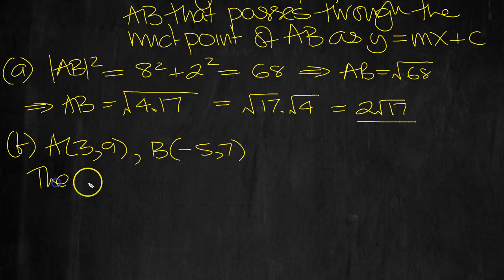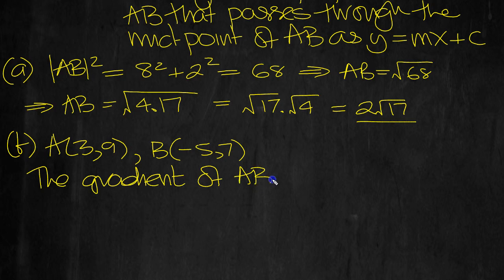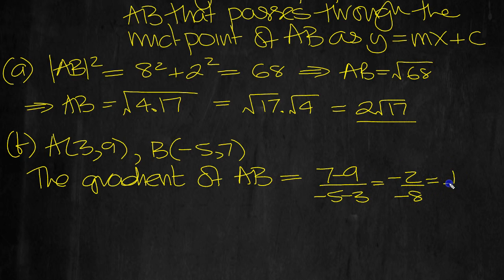The gradient of AB then, written communication, so let's write out a sentence: the gradient of AB equals the increase in y, 7 minus 9, divided by the increase in x, minus 5 minus 3. It's minus 2 over minus 8, which is 1/4.